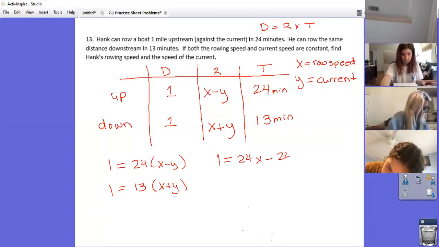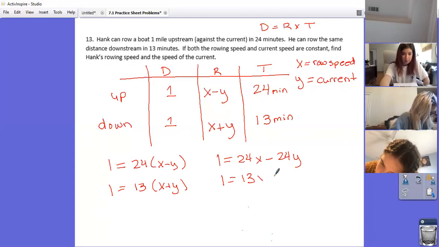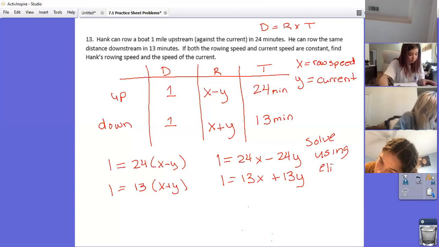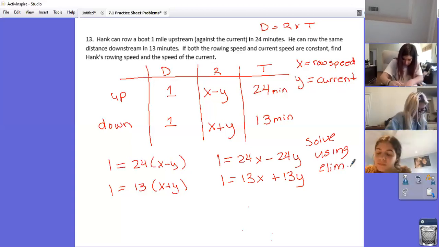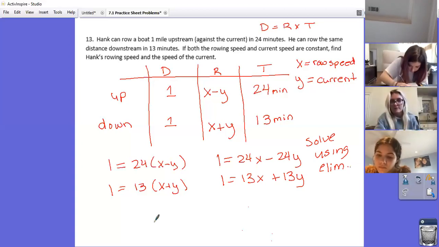And the answers are in miles per hour. Does that make sense? And you can solve this using elimination. So whatever you get at the end, you have to multiply by 60.